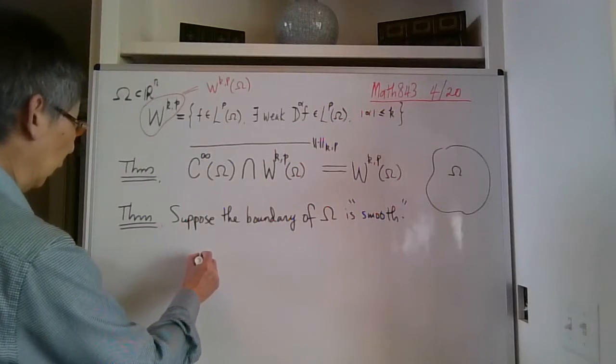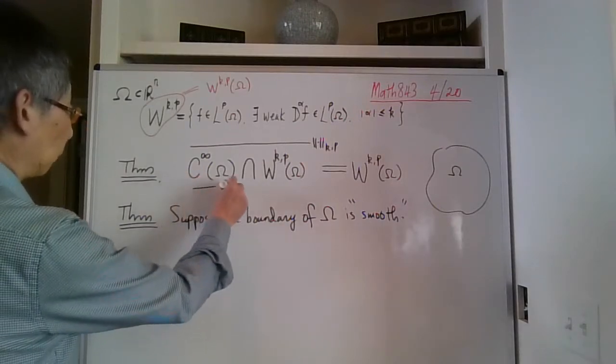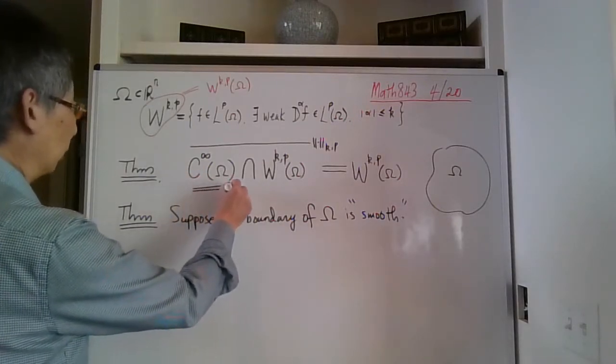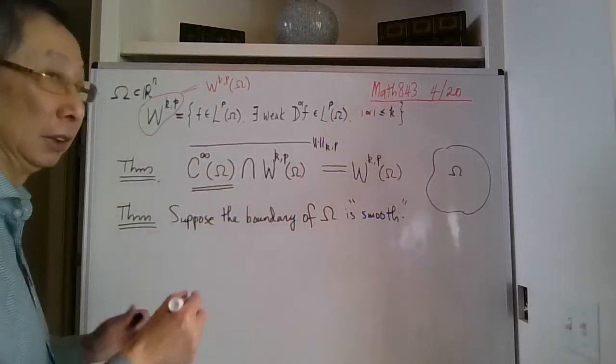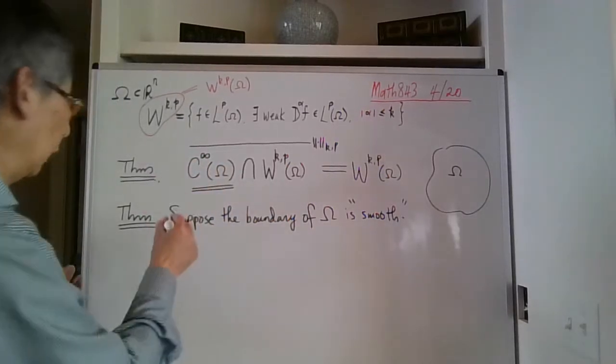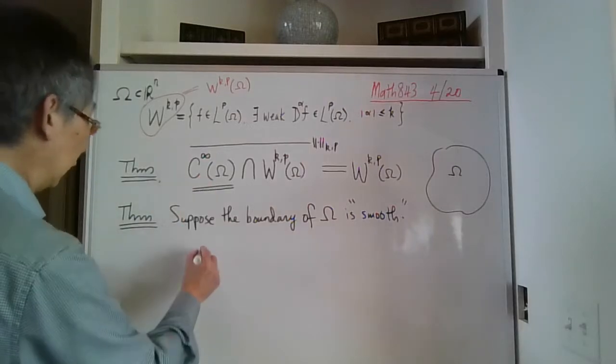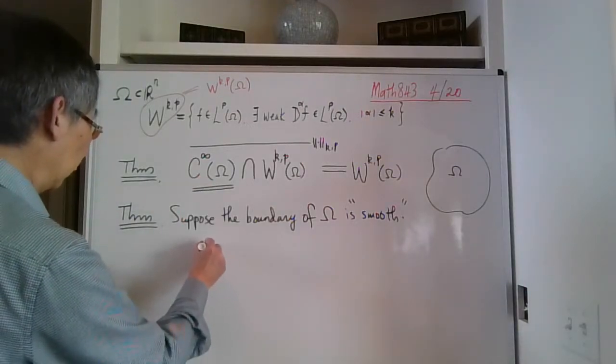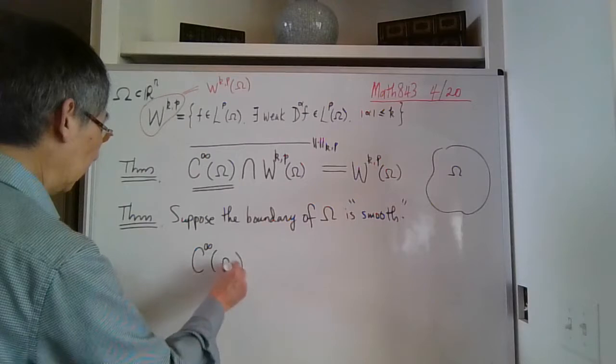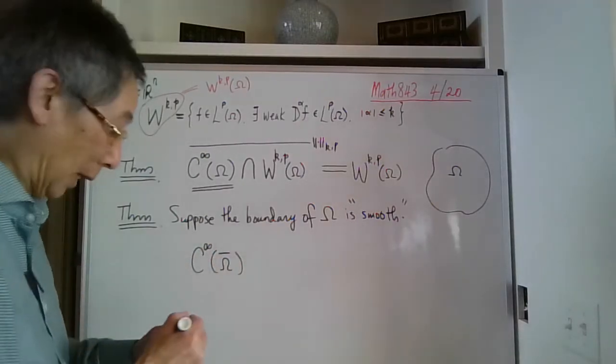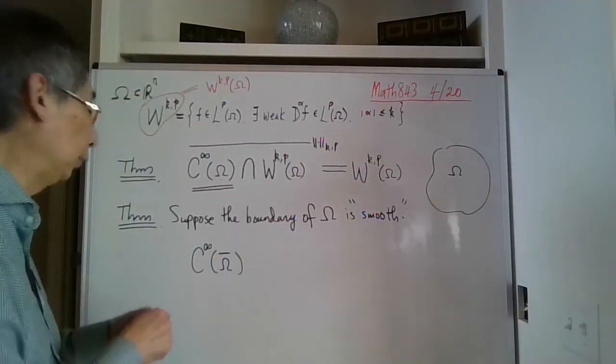Assuming this boundary is sufficiently smooth, I have a better result. Here, when we talked about the C^infinity case, I wasn't talking about the boundary behavior of this function. Now, suppose the boundary is smooth, then I can use this class, the C^infinity function up to the boundary.